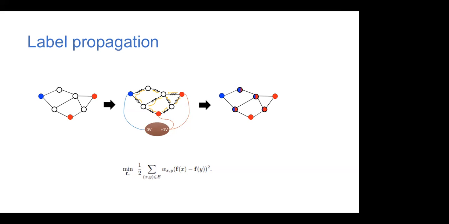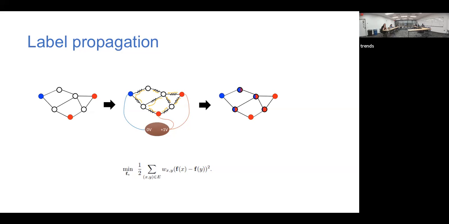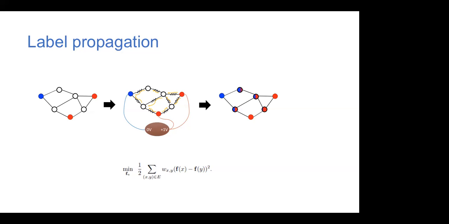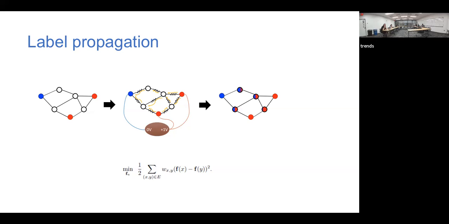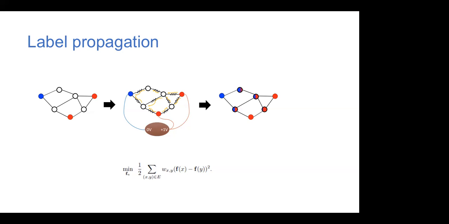Okay, that makes sense. Isn't it just minimizing the difference between the labels assigned to node X and node Y that are connected? Because what you're doing is taking XY, a tuple from the edges, and W is just the weight of that edge. So it's minimizing the difference between nodes that have the same value after the function.